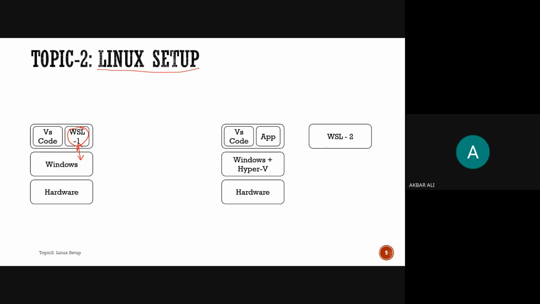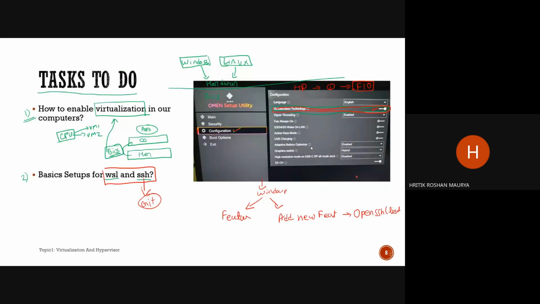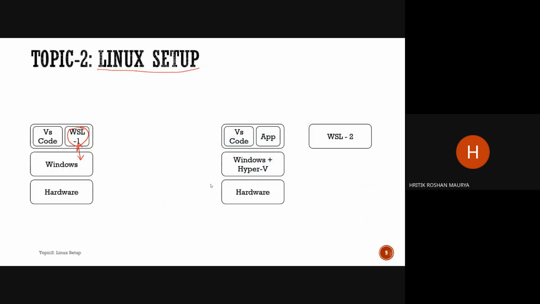Sir, this SSH part is still not clear to me because I'm not able to do it. SSH we will explain in detail in the Git part. This is the very basic setup. Most of the time students or users do the common steps mentioned on the internet, but they get errors.